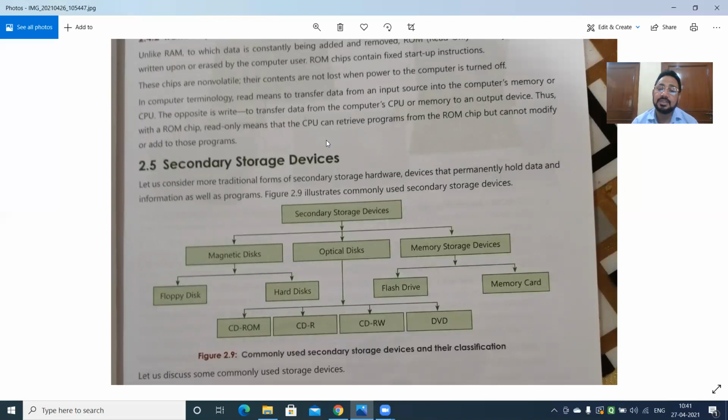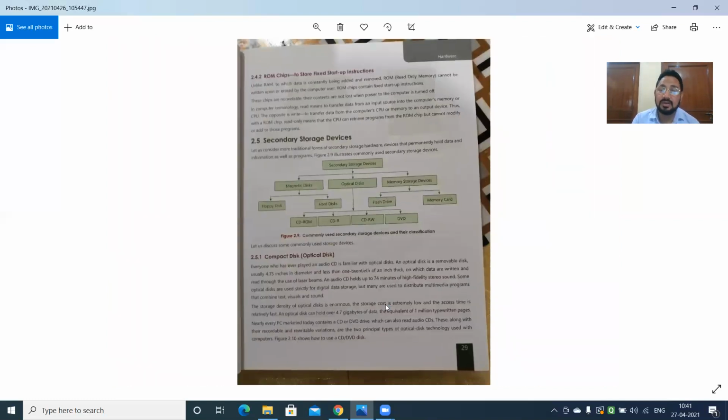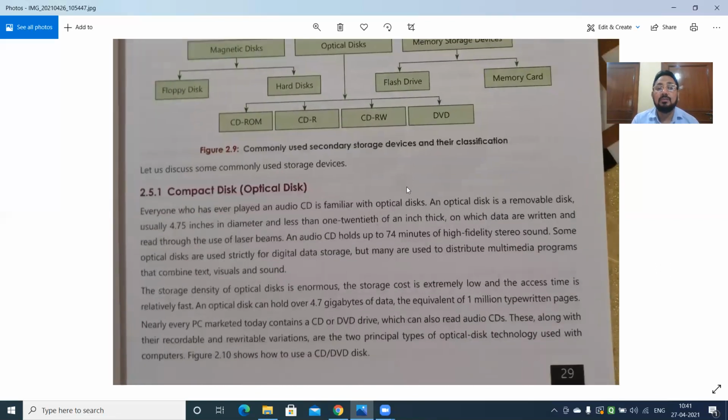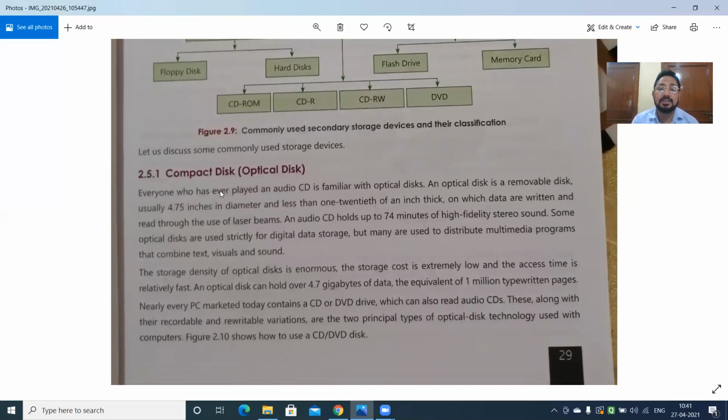Then next comes memory storage devices: flash memory and memory card. So one by one, I will explain these points to you. Compact disc, optical disc.